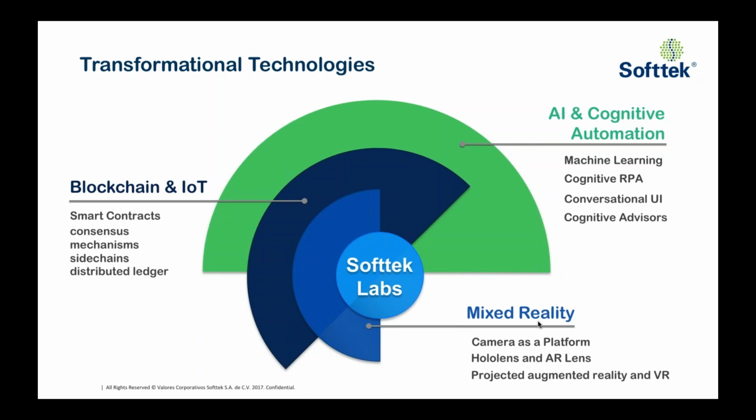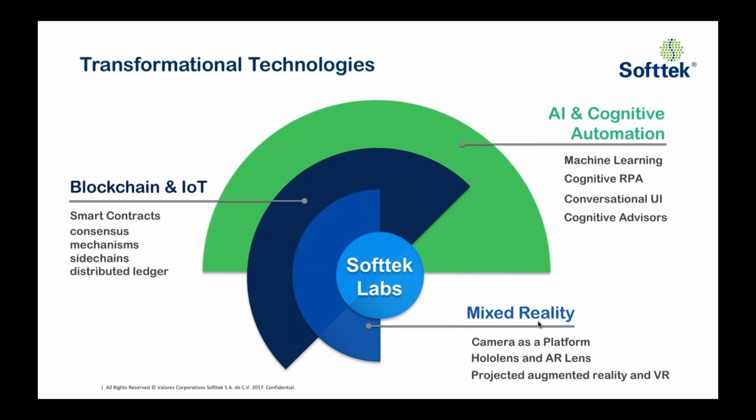But in this case, we were talking about machine learning researchers, machine learning engineers, mixed reality engineers that are trying to create these kinds of products, right? We believe that artificial intelligence and cognitive automation will have in the next 3 to 5 years the biggest impact of all, right?